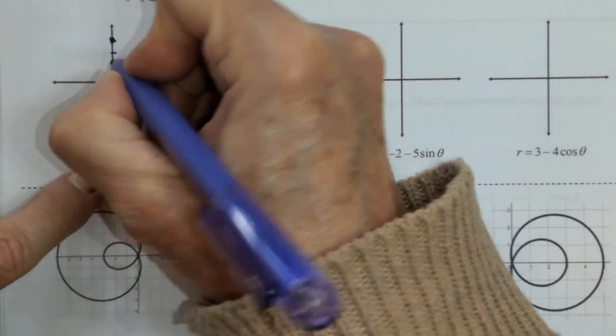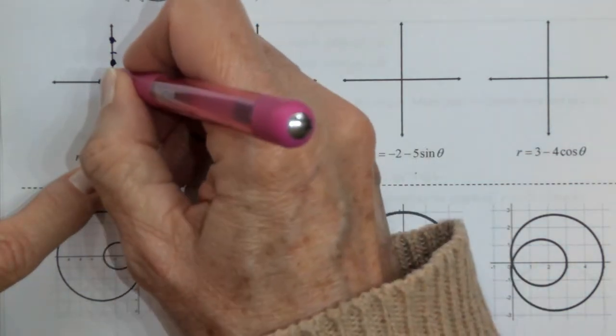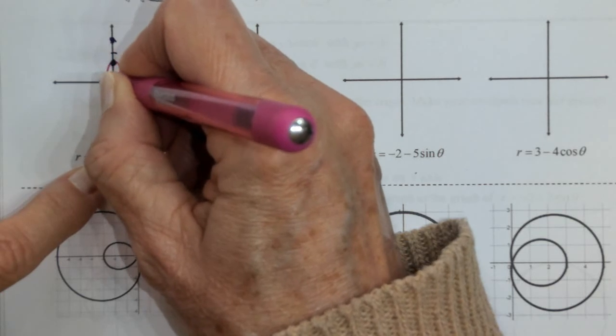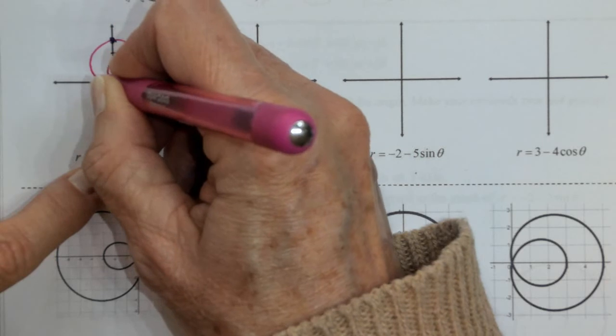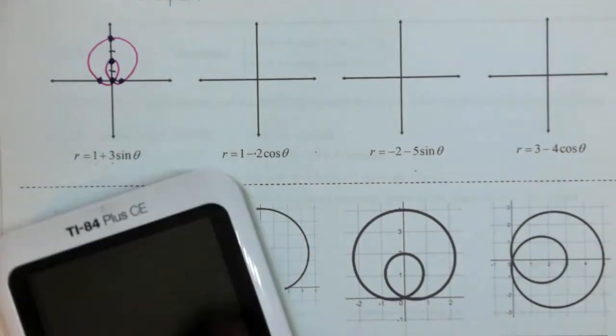Okay, when I graph this, I like to do my little loop first sometimes. Do my little loop. Something like that. This might be a good one to put on our calculator.